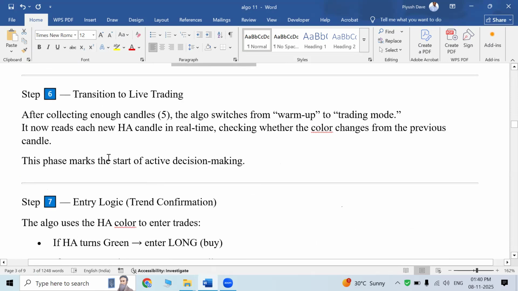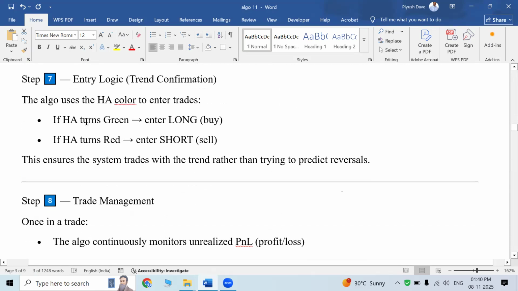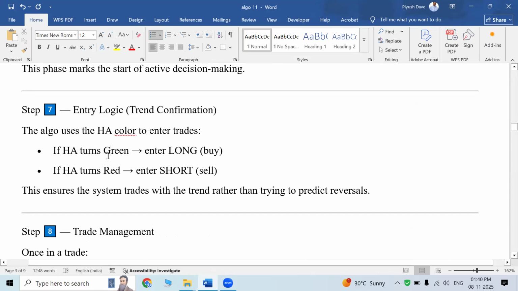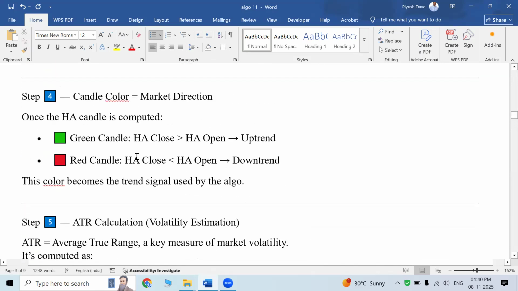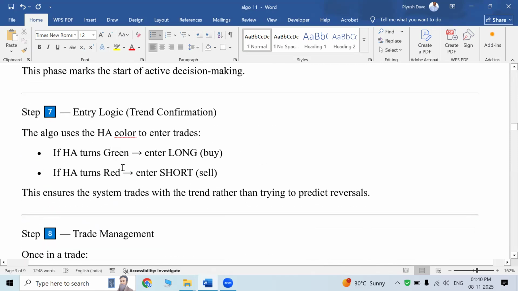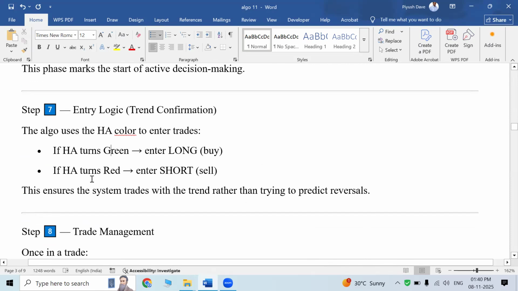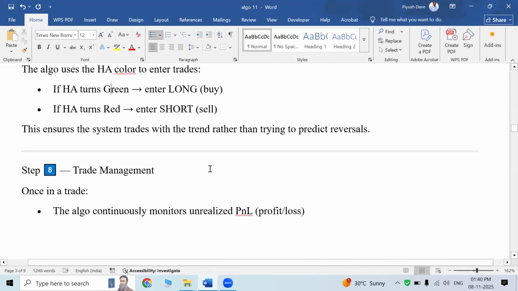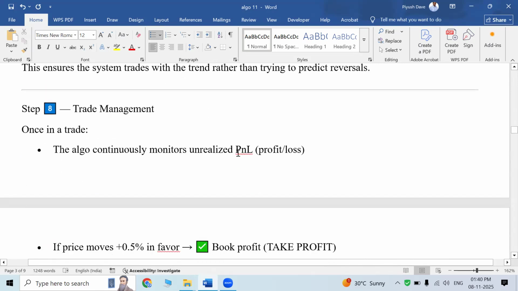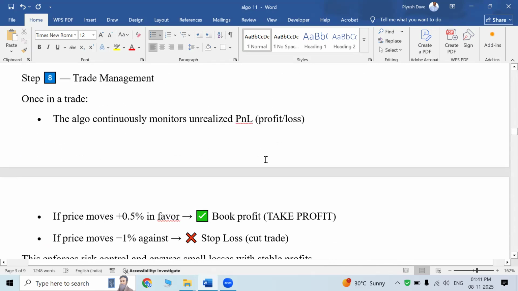Now in the live environment, if the HA turns green, that is HA close is greater than HA open, we will enter into a long trade. And if HA turns red, we will enter into a short trade. We are going to continuously monitor our PNL.